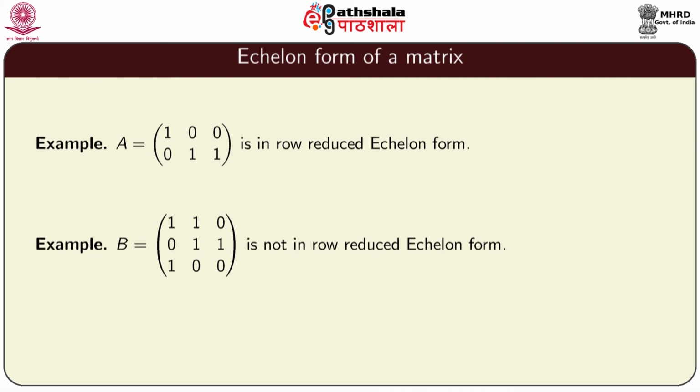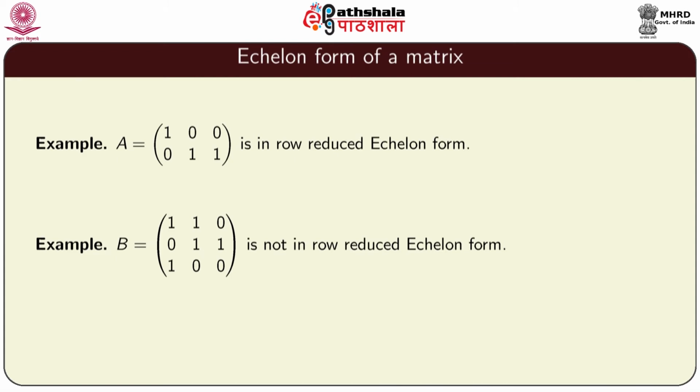Similarly, if you look at the second row, then the first non-zero entry of the second row is indeed 1, but again, as per our requirement, the column which contains this 1 has also one more non-zero entry coming from the 1 2 position of the matrix. So, this is an example of a matrix which is not in row reduced echelon form.